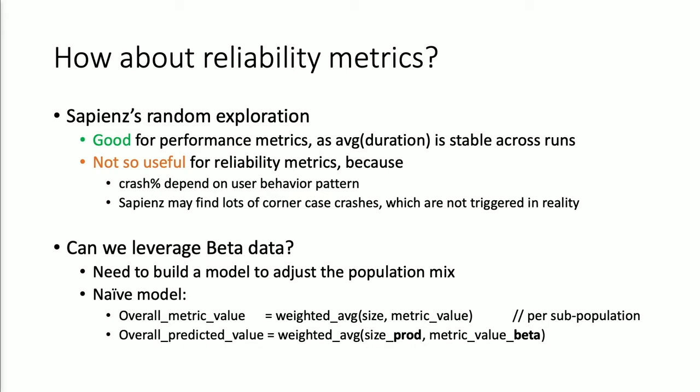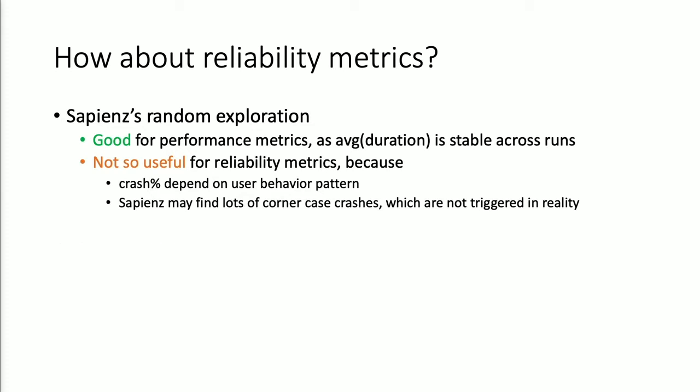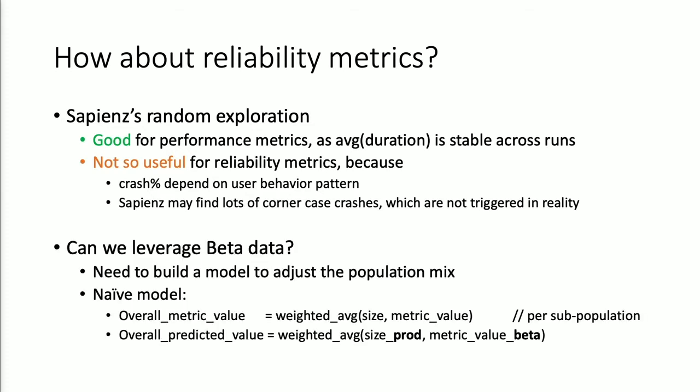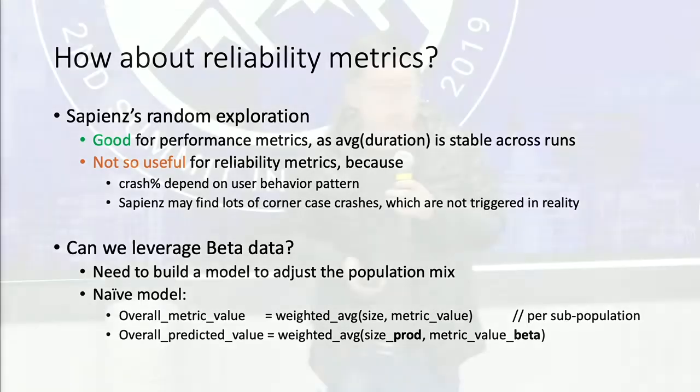Let's take a very simple example. Let's say in your production, you have 50% users using high-end devices and 50% users using low-end devices. But in your beta data, it's not 50-50, but maybe 80-20. So 80% are using high-end and 20% using low-end.